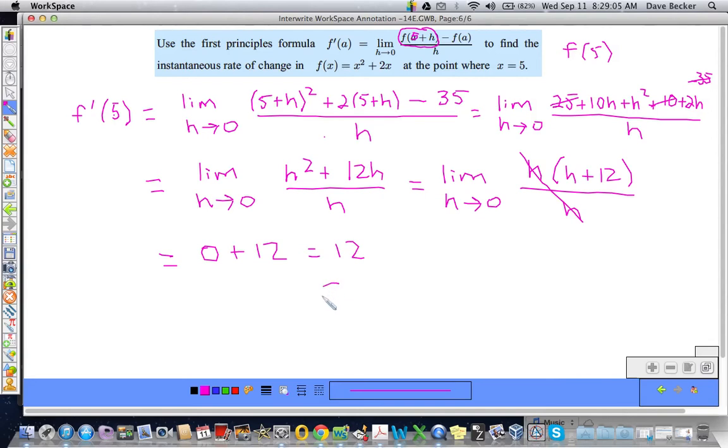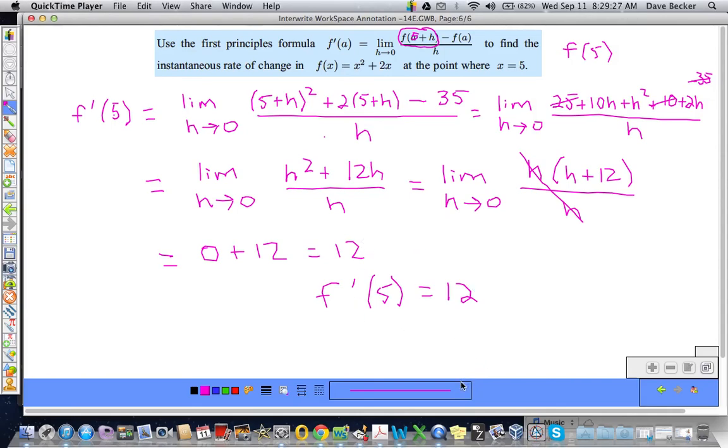So the derivative of the function x squared plus 2x when x is equal to 5 is equal to 12. That means the slope of the tangent to this curve when x equals 5 is equal to 12.